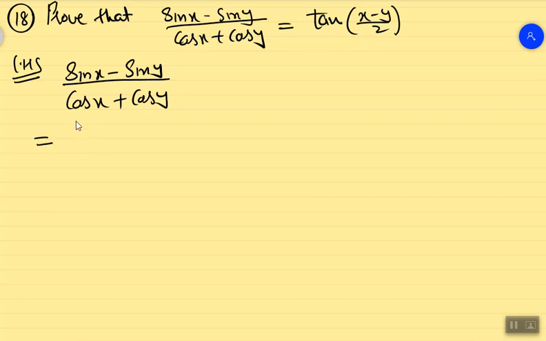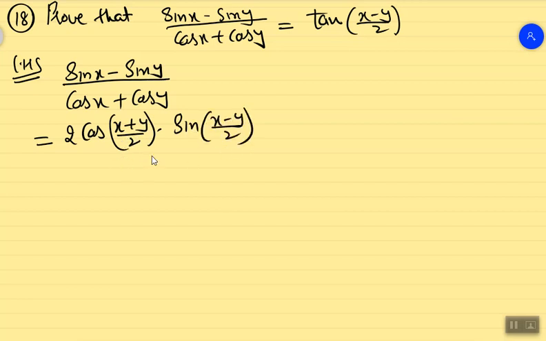Now I have already written the formula: sin A minus sin B is 2 cos (A plus B)/2 sin (A minus B)/2. Because it is the formula of sine, there will be a mixing. The first term is cos, with (x plus y)/2. The second term is sine, with (x minus y)/2.